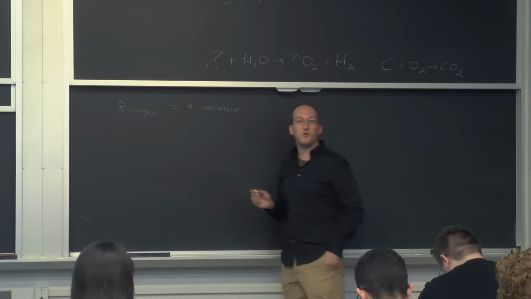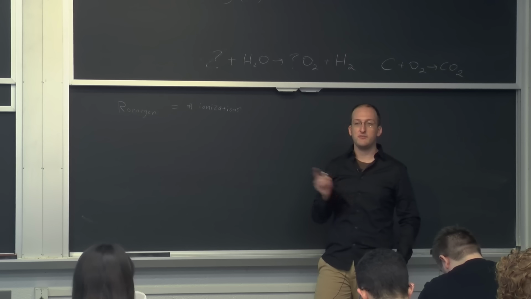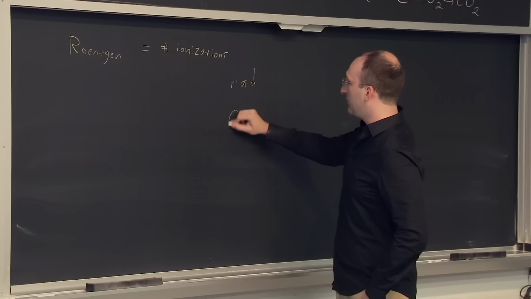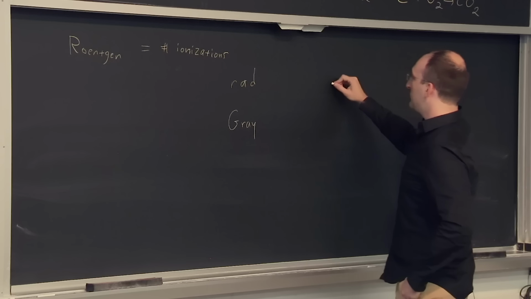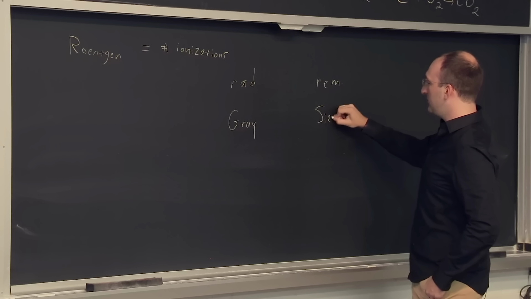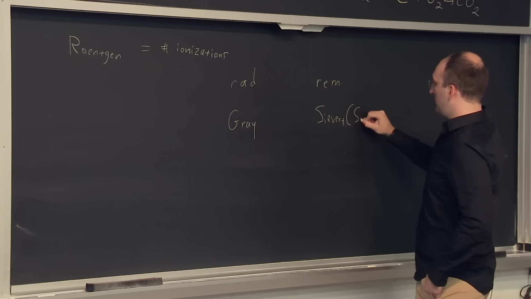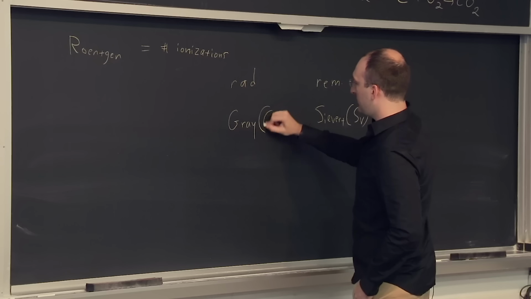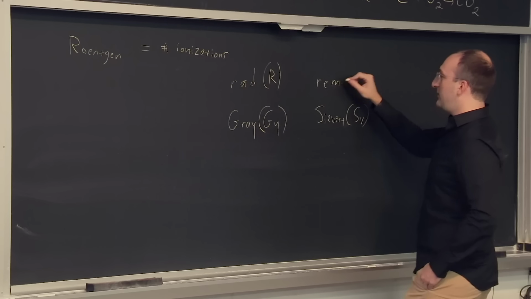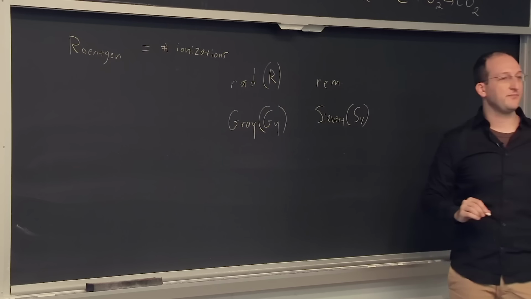You'll also see 4 dose units, 2 of which are just factors of 100 away from each other. There's what's called the rad and the gray, and there's what's called the rem and the sievert. You'll see these approximated as gray, you'll see these as R, and these are just usually written as rem.